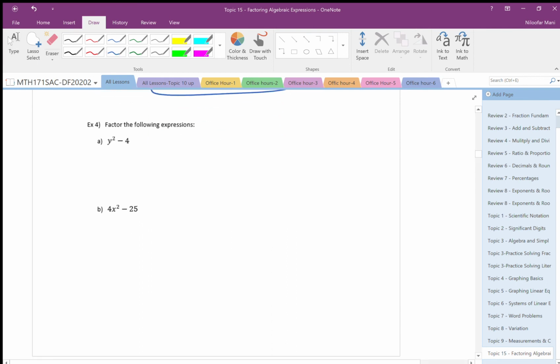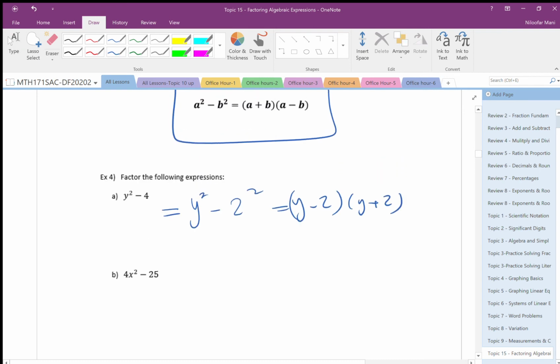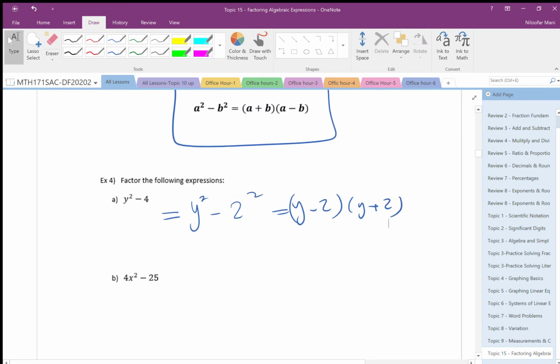Okay, so now let's do the examples. So here, y squared minus 2 squared, right? Which is y minus 2 times y plus 2. Look at the formula. How about the next? 2x squared minus 5 squared, which is 2x minus 5 times 2x plus 5.